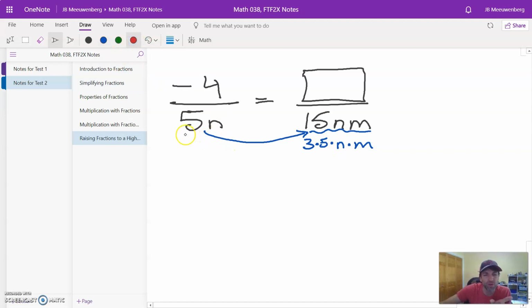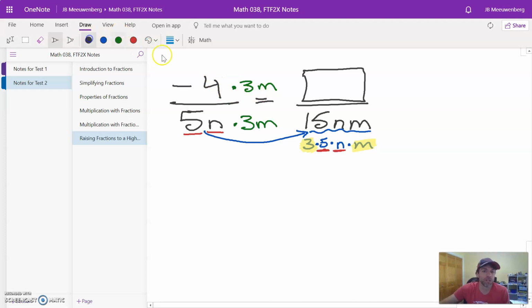If we started with 5 times n, and I see 5 times n right there, what are the new factors that were introduced? Well, there was a 3, and there was an m. So we have to multiply the top and the bottom by 3 and m. 5n times 3m equals 15nm. Do the same thing to the top.